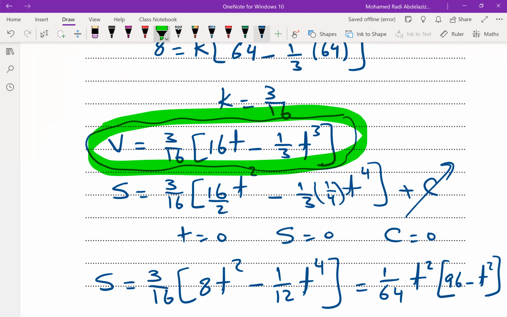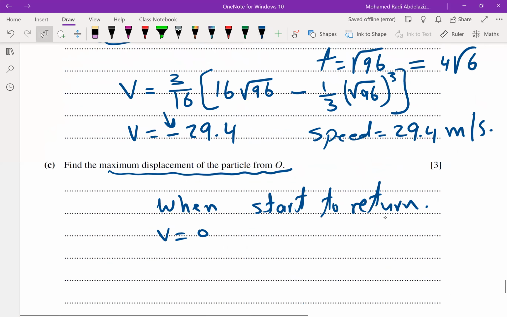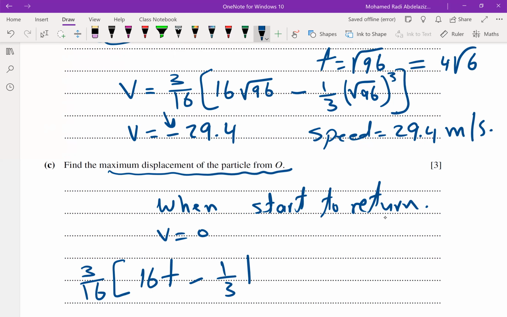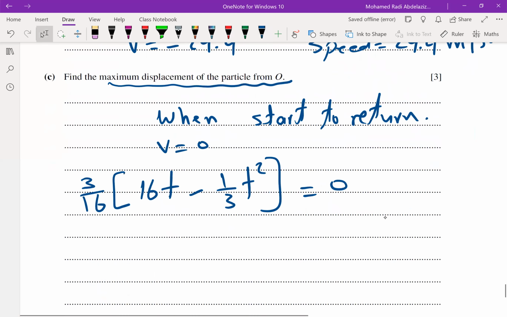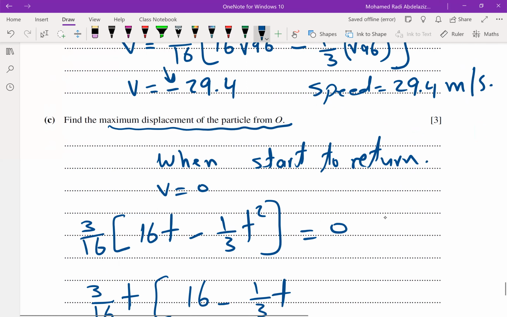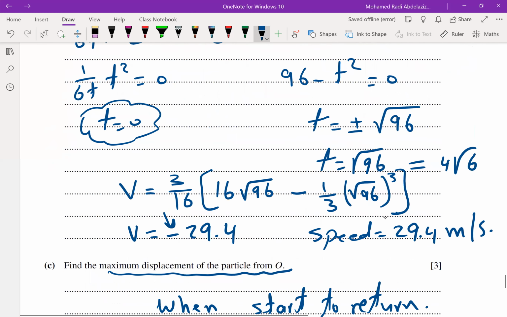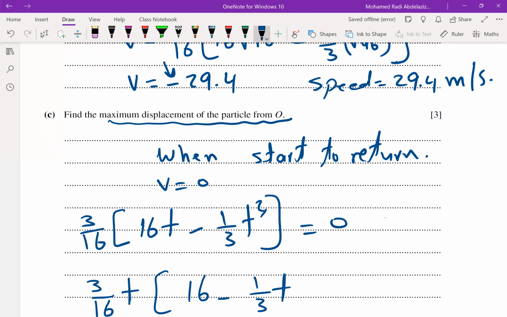If you take this expression and equate with 0, 3/16 times (16t minus one third t squared) is equal to 0. Sorry, it's t to the power of 3.